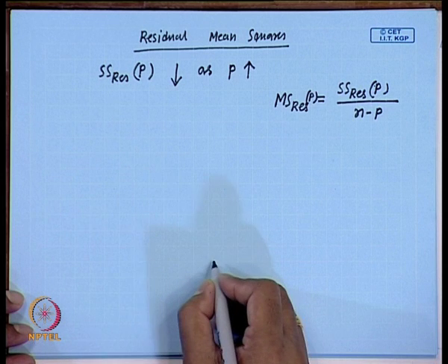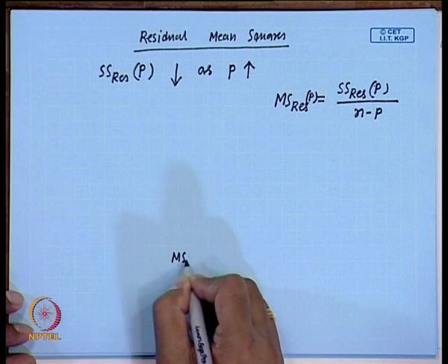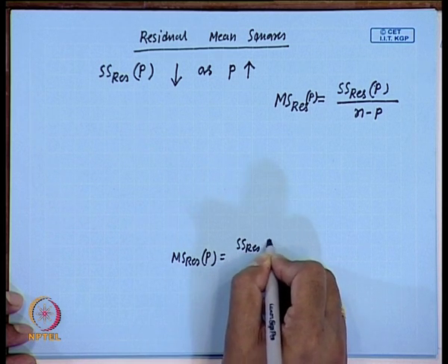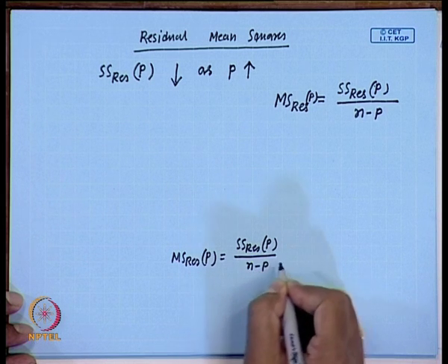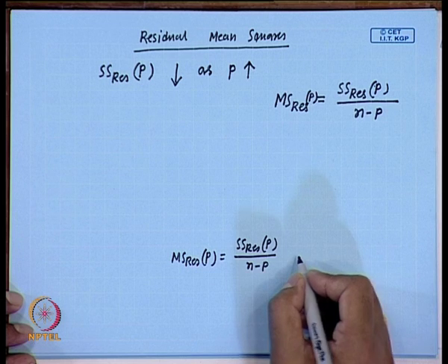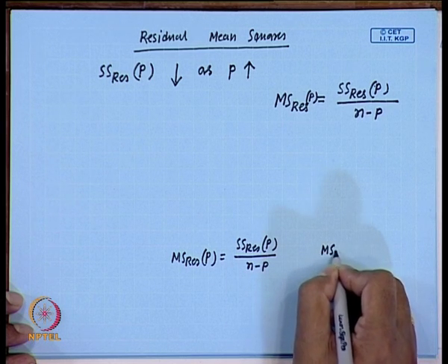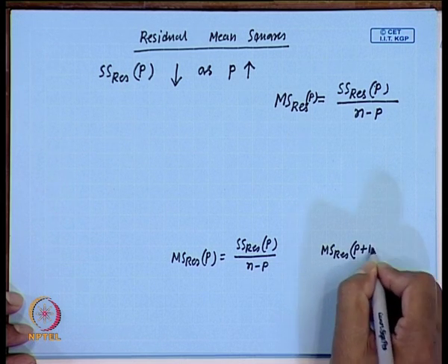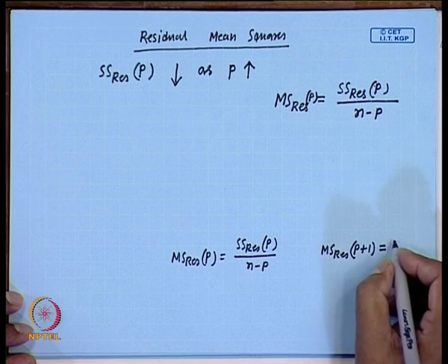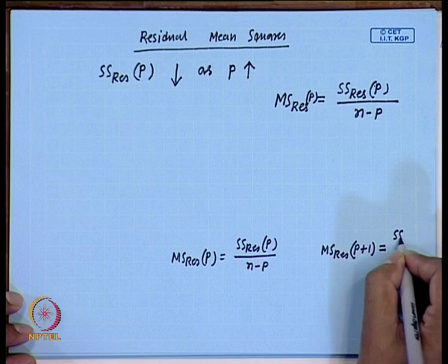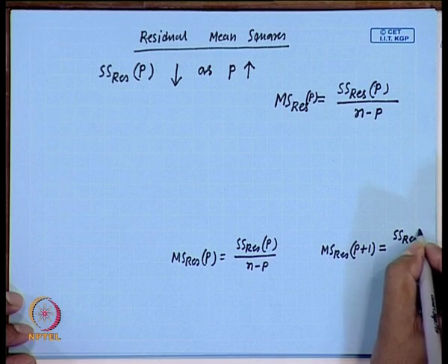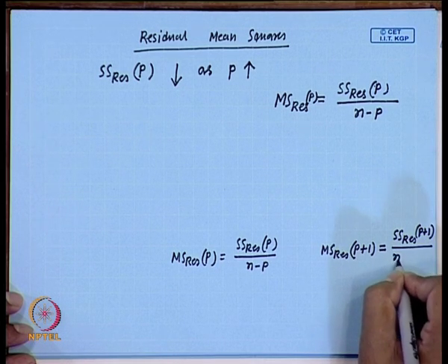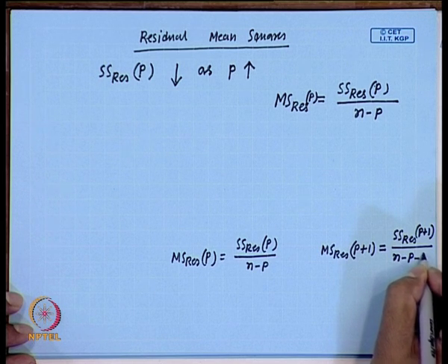Okay. So, the reason behind this one is that, let me write MS residual P, which is equal to SS residual P by n minus P, and also let me write MS residual P plus 1, which is equal to SS residual P plus 1 by n minus P minus 1.